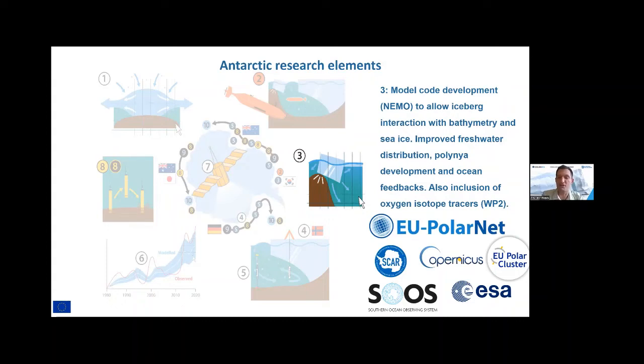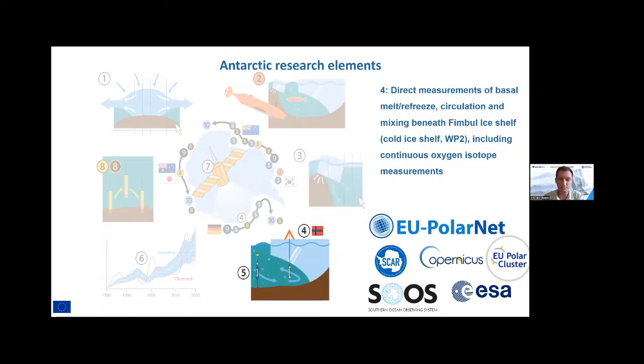This is very important for dense shelf water formation and regional circulation, and in fact global circulation. That's presently not modelled in NEMO, so we'll be adding this ability to the NEMO nucleus, including the ability to model oxygen isotope tracers, an important mechanism for tracing freshwater sources. So we're improving our ability to model that.